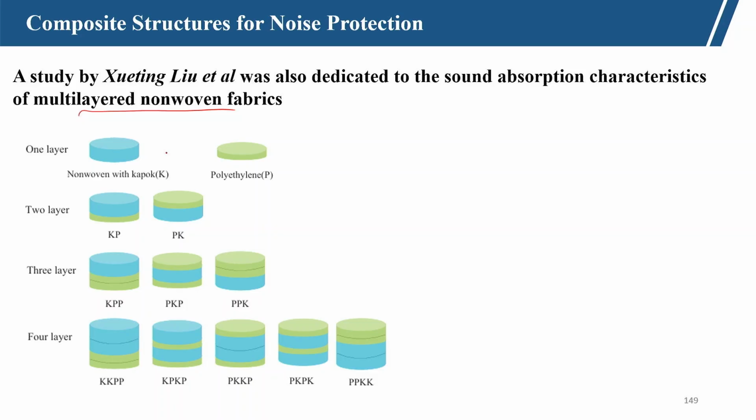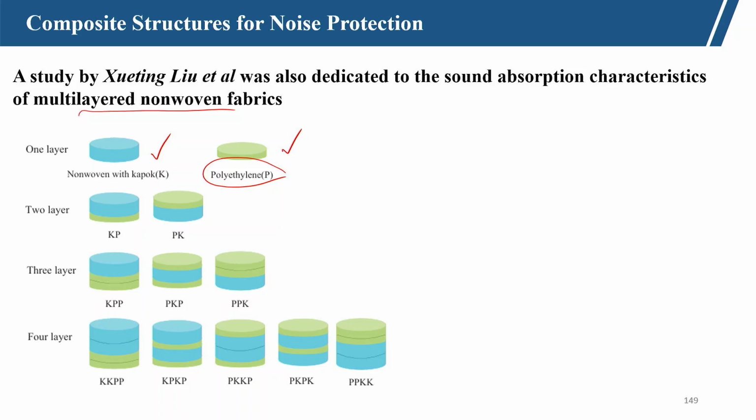This is the single layer nonwoven shown by the sky blue, which is coded as K, made from kapok, and polyethylene film, which is the light green color, represented by P. So, that multilayer formation was done.